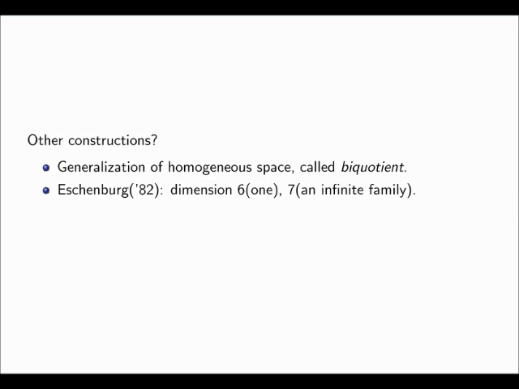One is given by Eschenburg, an example in dimension 6, and an infinite family in dimension 7, and another space called the Bazaikin space. The Bazaikin space is in 13 dimension, so we only have an infinite family for the positively curved biquotient.